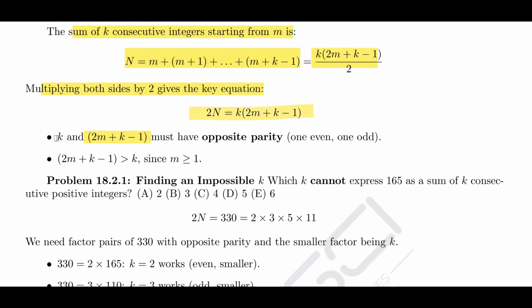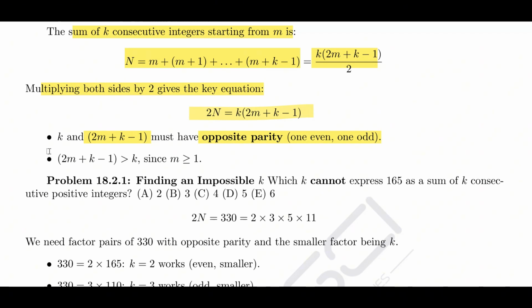But if k is odd, then odd plus odd makes an even number. In other words, k and the term 2m plus k minus 1 can never share the same parity. Whenever k is odd, the other is even, and whenever k is even, the other one is odd. This ensures that their product is always even, which matches perfectly with the left-hand side, since 2n is of course even.